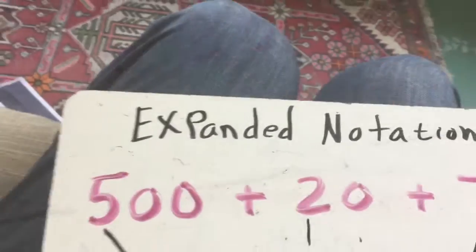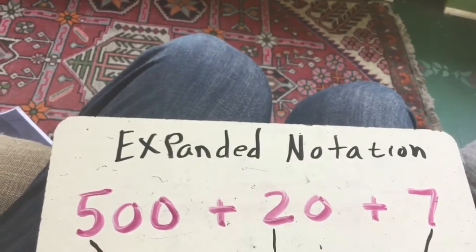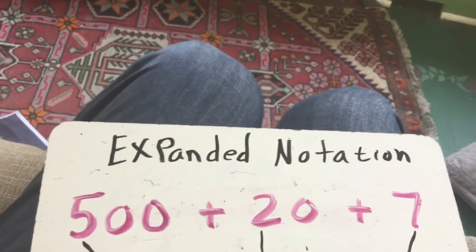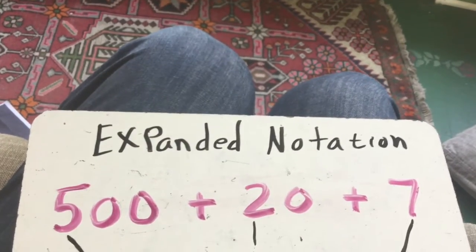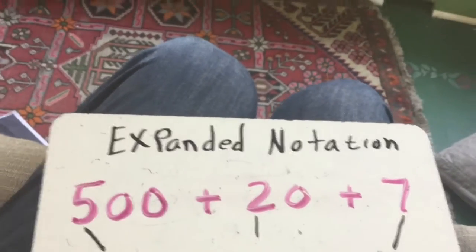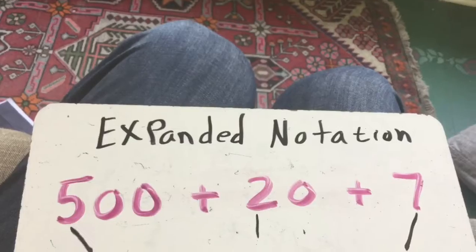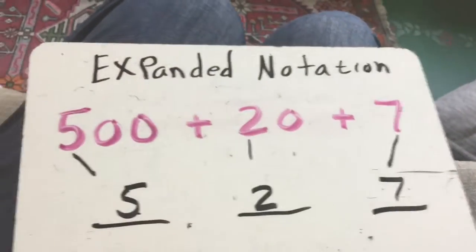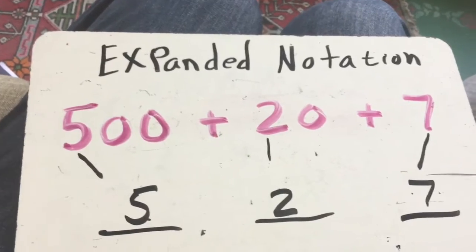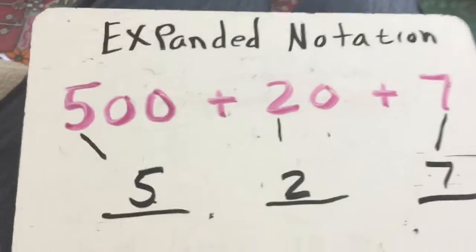Okay? So if you've got the pink 500 plus 20 plus 7, and you now want to write the answer in normal numbers, or standard notation it can be called, then each number has to go down here. Aha! The 500 goes in the 5 in the hundreds spot.